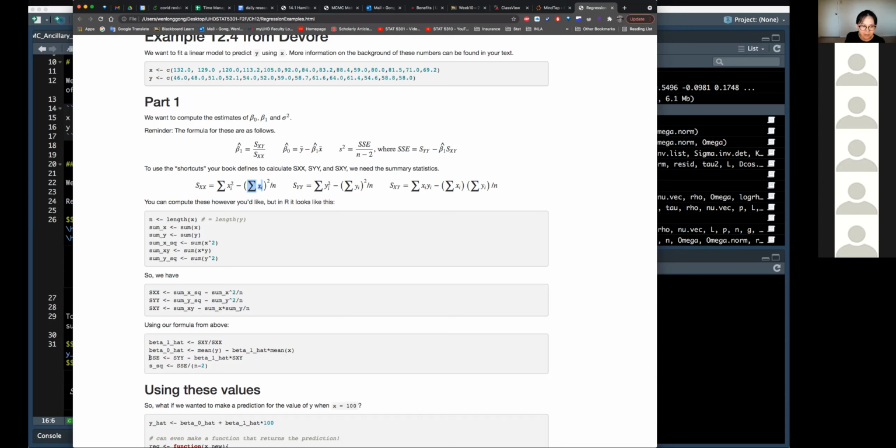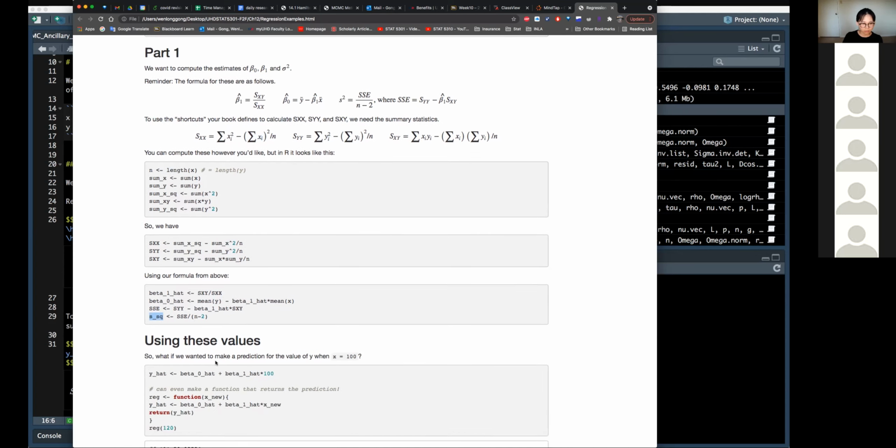And to calculate this SSE, the sum of square error, which we need when we estimate sigma square: SSE is this SYY minus, I'm just plugging everything in here. And eventually you get the S square. So this is how you get everything using R code.